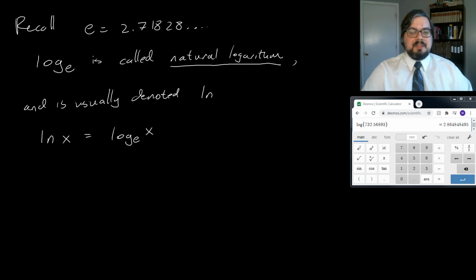Now, a note on this notation. Why is it ln when the name is natural logarithm? Well, that's because it comes from the French.